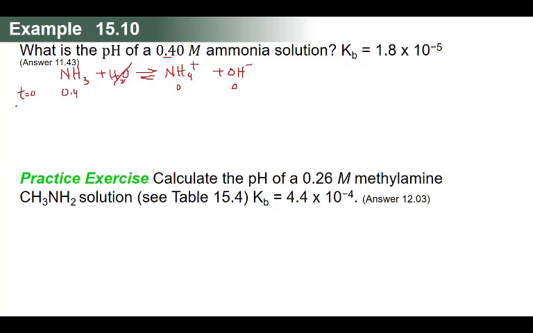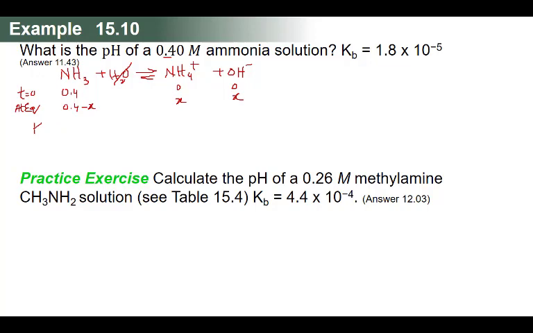After some time, at equilibrium, this was 0.4 minus some change. We don't know how much dissociates because we are going to calculate the pH, so we call it X. And this will also be X. So we write the equation for equilibrium.